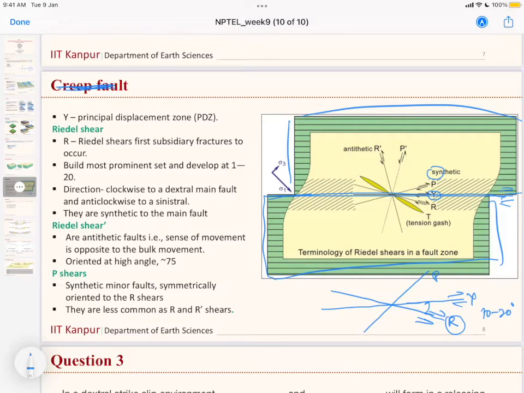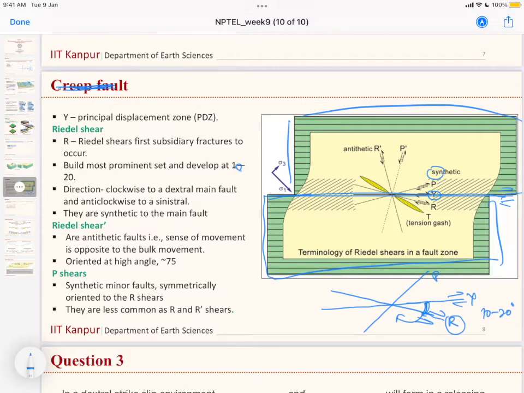And here it's 10, not 1, I have written it as 1. So it's 10 to 20 degrees. And if you see the sense of direction, it is in the clockwise direction, right? Because a clock moves like this, so this is the clockwise direction.